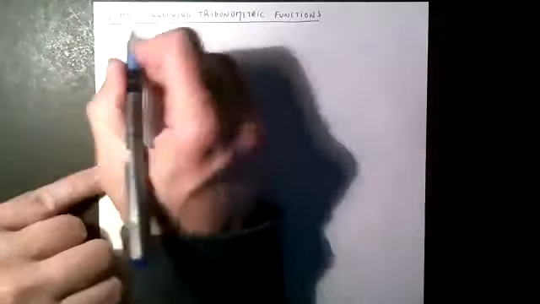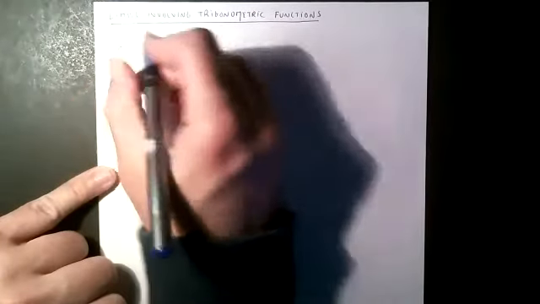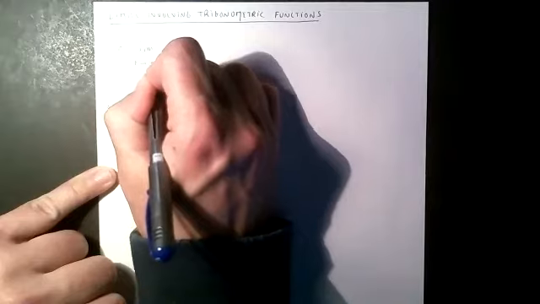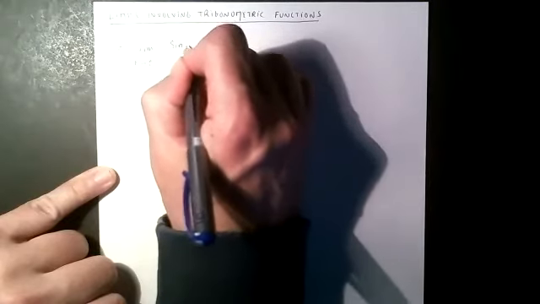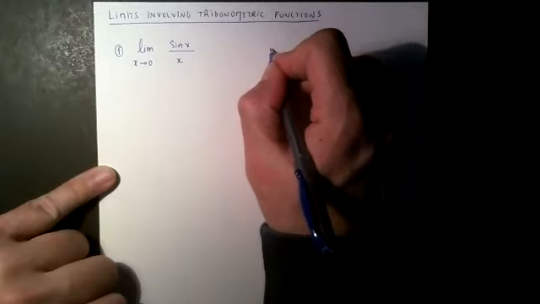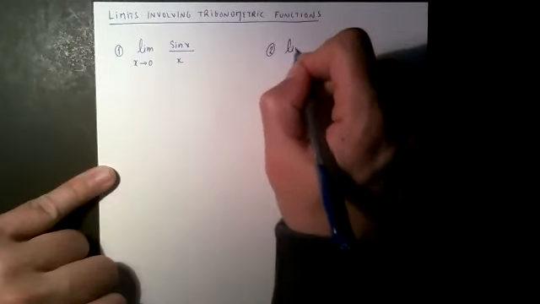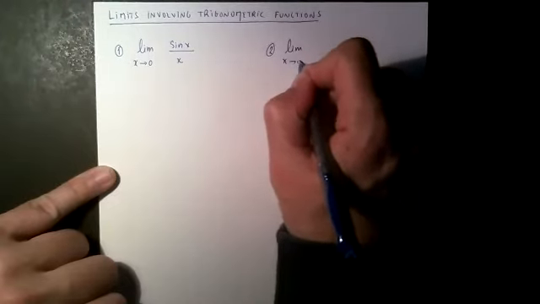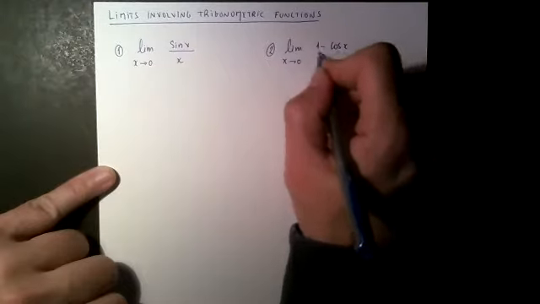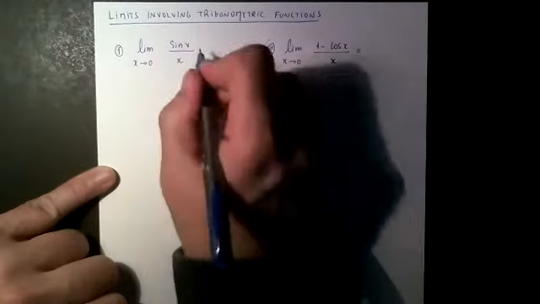Okay, so two things you need to know. First is that the limit as x approaches 0 of sine x over x is going to be something. And second, the limit as x approaches 0 of 1 minus cos x over x will be something.